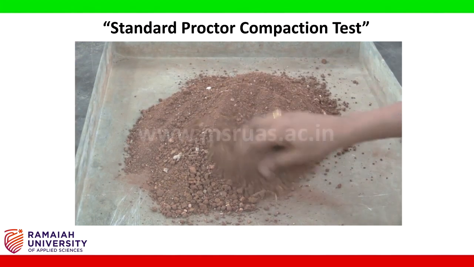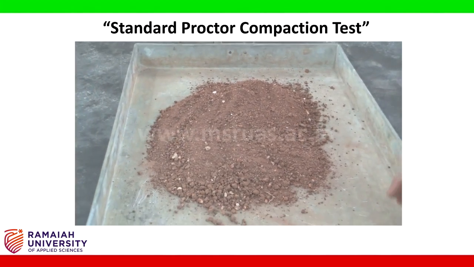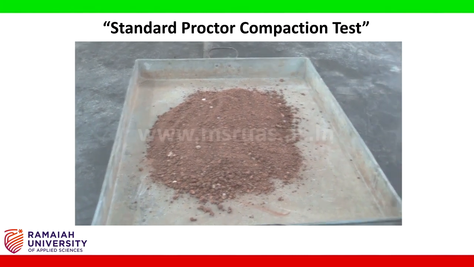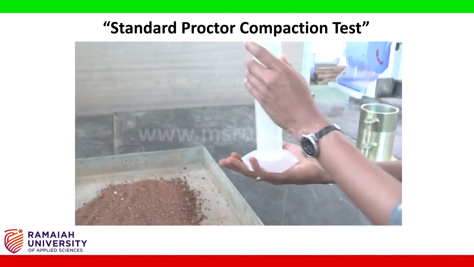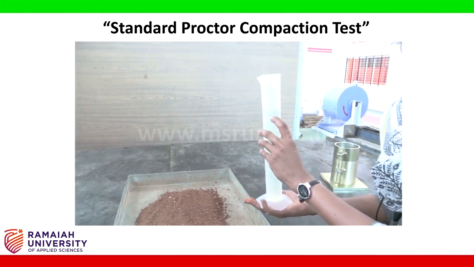Now this sample is fine grained, so we will initially add around 8% of water into this soil sample. Now 8% of 3 kg will come around 240 milliliters of water.